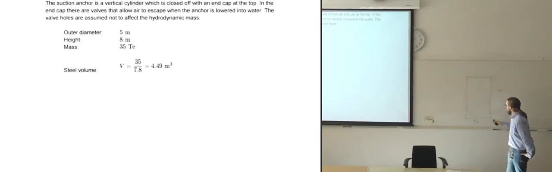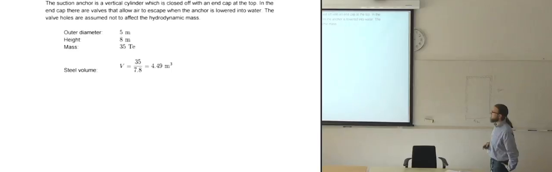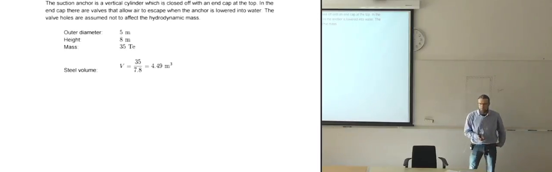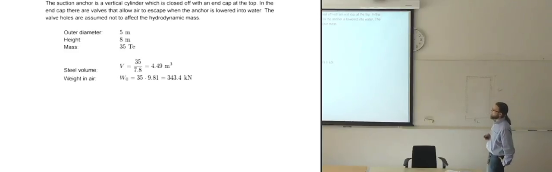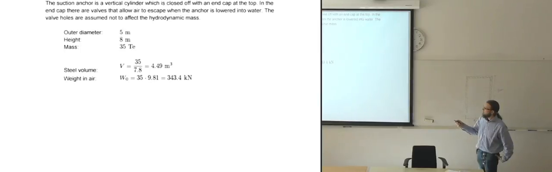So if we do the calculations to get the volume of the steel, we can start off with the mass and divide it by the density of steel, so that we can get the volume. So we get approximately 4.5 cubic meters of steel volume. And we already know the mass, so it's very easy to calculate the weight in air.